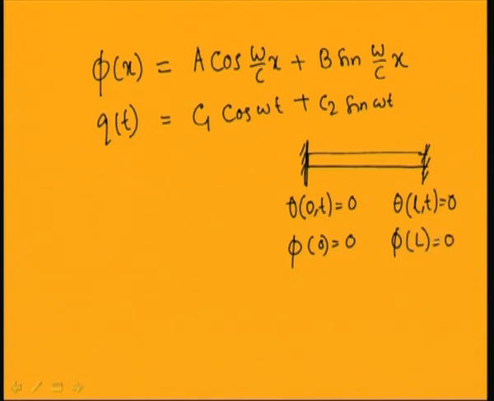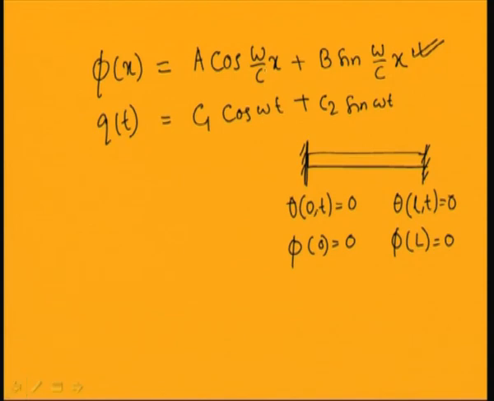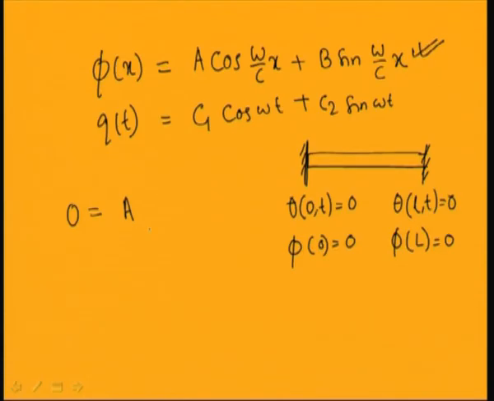Now, substituting these two boundary conditions in this equation of mode shape, by substituting x equal to 0, cos 0 is 1, so you will have 0 equal to a plus, sin 0 equal to 0, so b into 0. So this means a equal to 0.